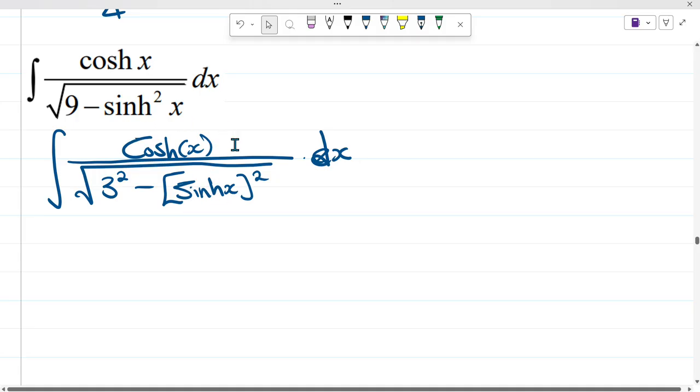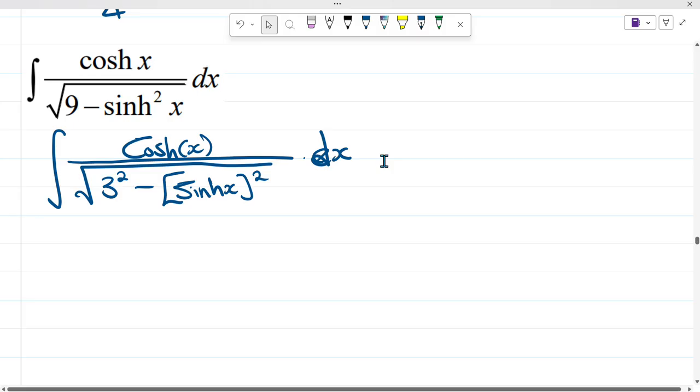Yes, because we know that when we differentiate hyperbolic sine, we get that. So the only question left is this structure of f of x divided by the square root of a squared minus f of x squared. It's the one of sine, right?